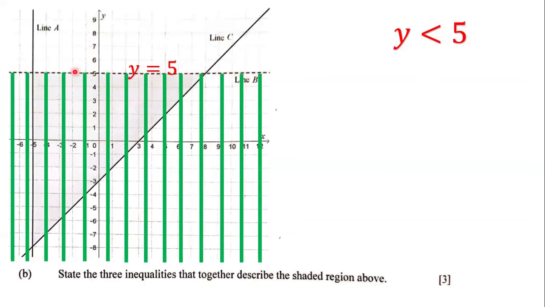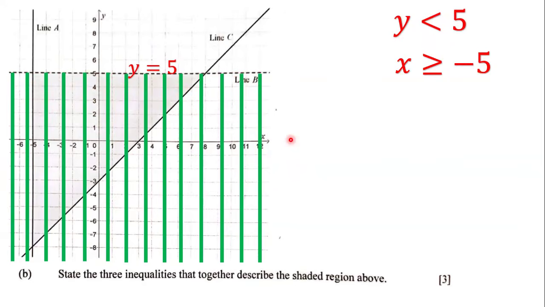Because if this is y is equal to 5, then the region below it is going to be y is less than 5, because these are going to be the numbers that are less than 5. So if we have 5 here, less than 5 would be 4, 3, 2, 1, 0, and so on. So this is the region below. That's why we shaded in green, okay? So y is less than 5. That's the region that we have shaded. It's the region below this particular line.